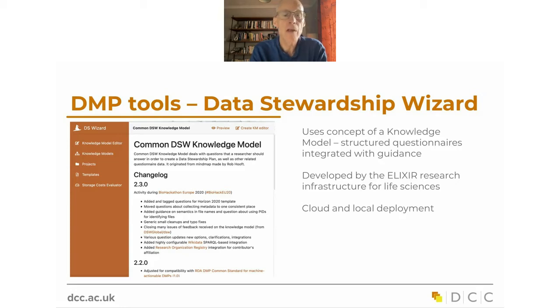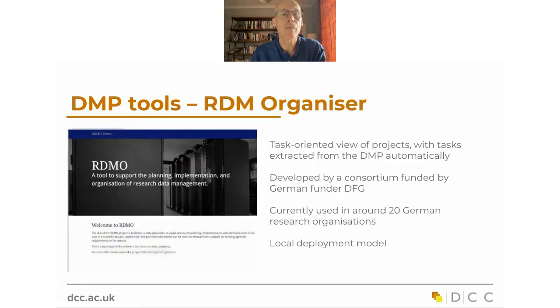It uses what they call knowledge models, which are highly structured question and answer knowledge bases. And like DMP Online, it's available as a cloud offering, or you can deploy it locally in your institution.